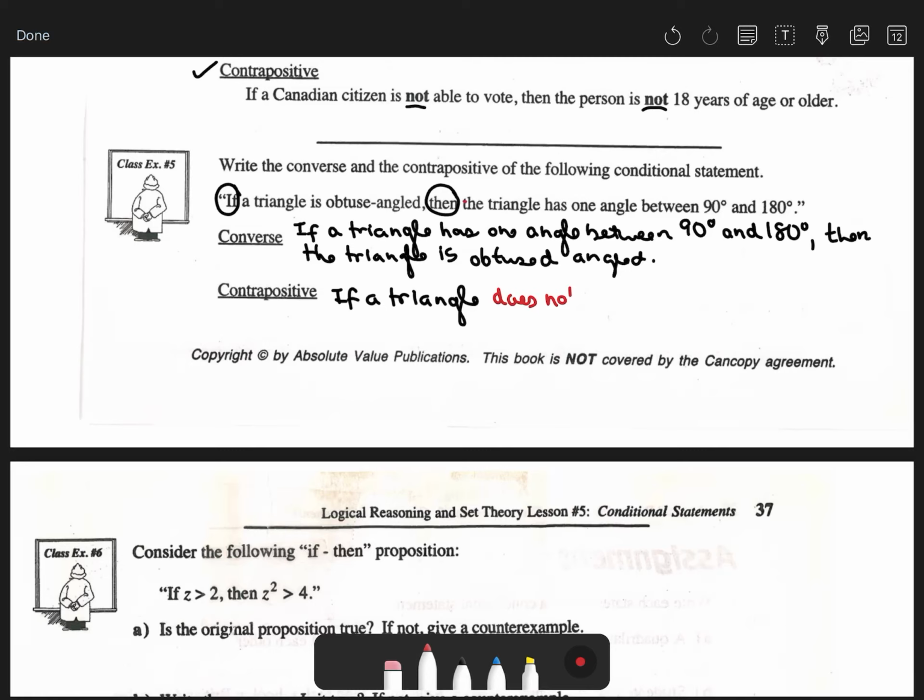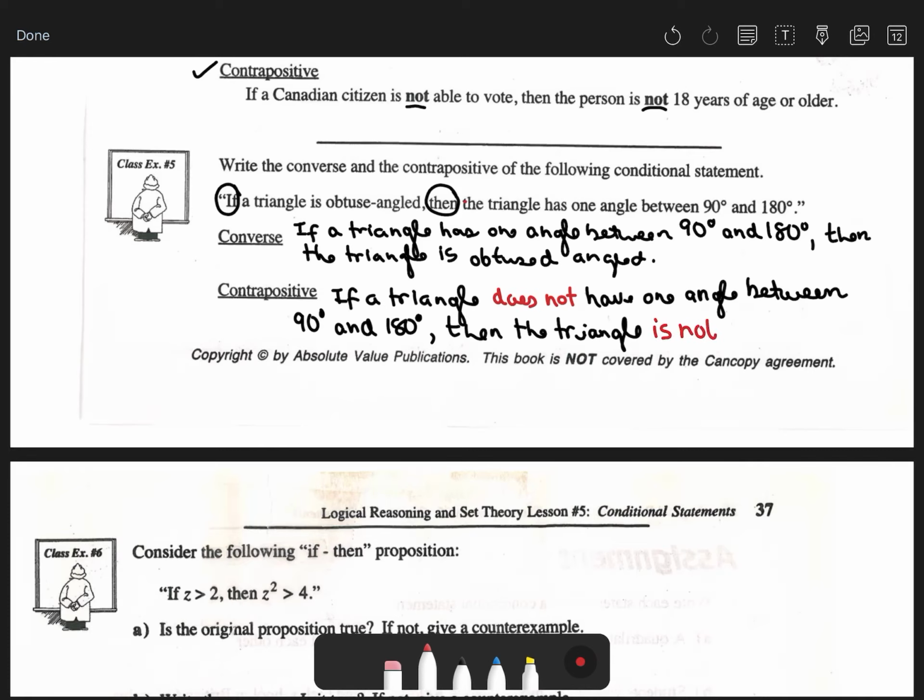So now I'm going to say if a triangle does not have one angle between 90 degrees and 180 degrees, then the triangle, okay, now I negate it, is not obtuse angled.